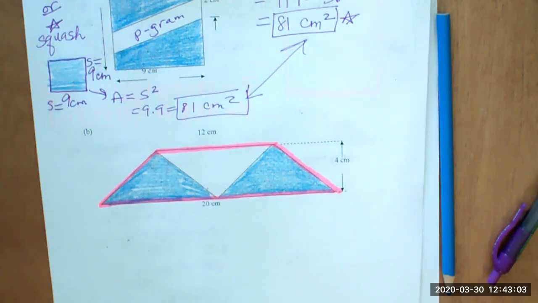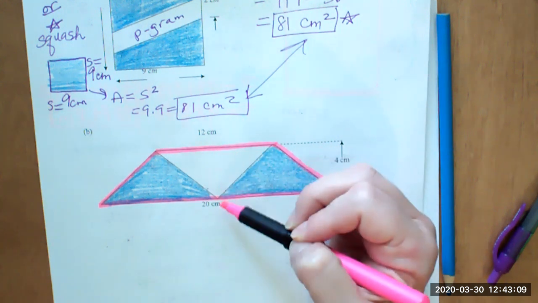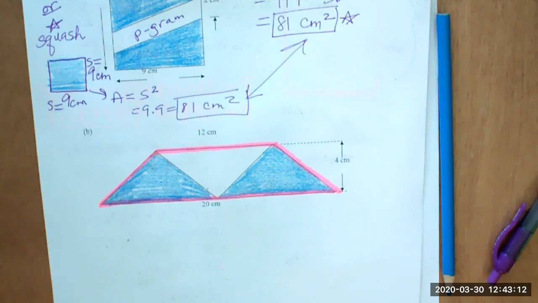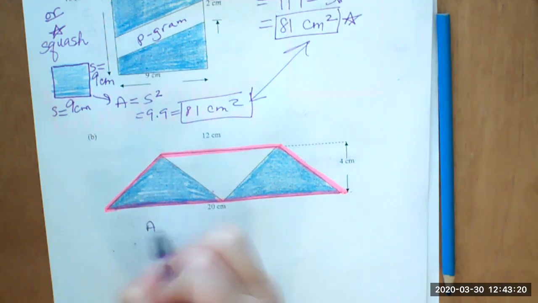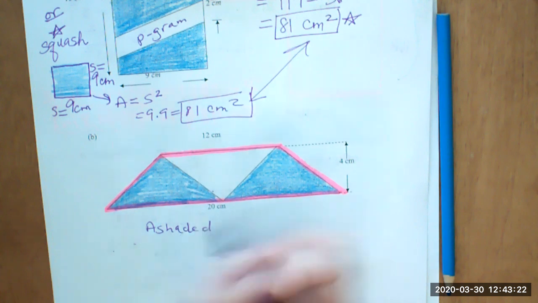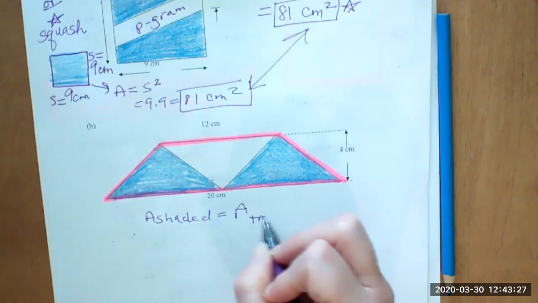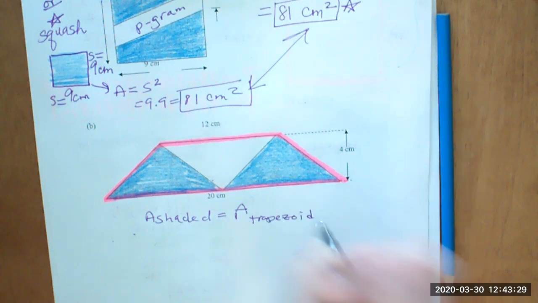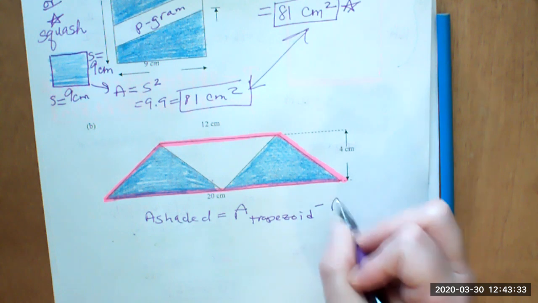And you'll notice, what shape is that? We've got 2 bases that are parallel, so we know that we have a trapezoid. And so if I want the area of the shaded region, the area of the shaded is going to equal the area of the trapezoid minus the area, and think about that.